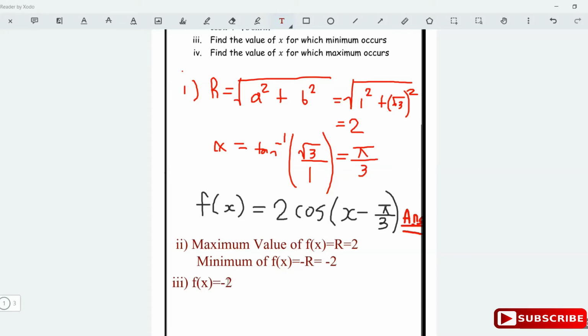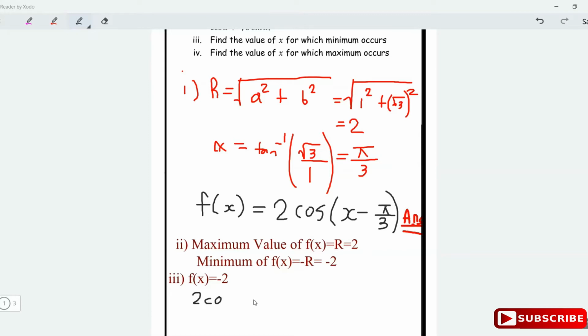Set f of x equal to its minimum value. So f of x is 2 cos of x minus pi by 3, and we set that equal to -2.